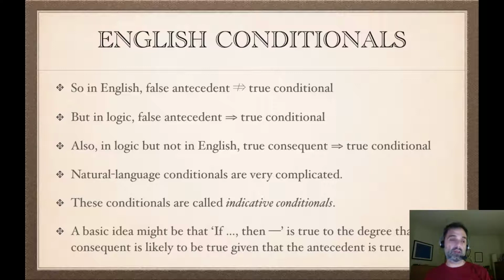Well, you ask how likely the consequent is to be true given that the antecedent is true. And the more likely the consequent is given the antecedent, the more true we say the conditional is. But that's very much just a sketch of an idea, and we're not going to need to explore that.